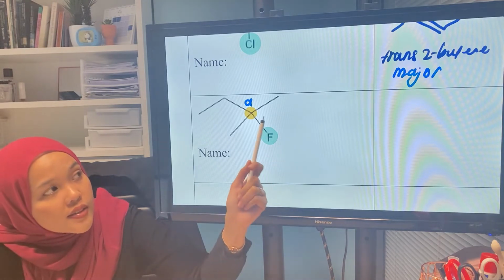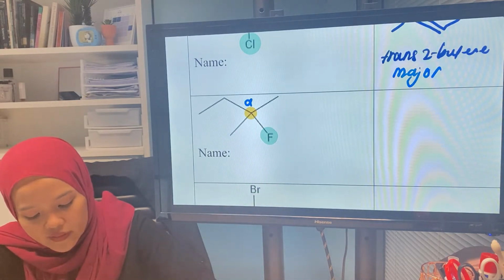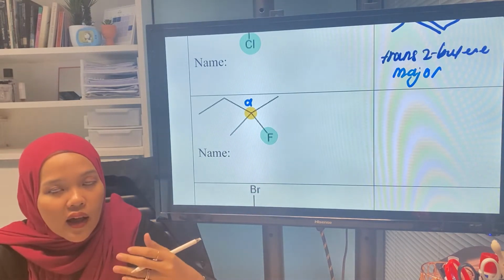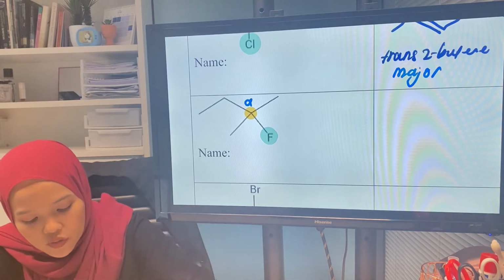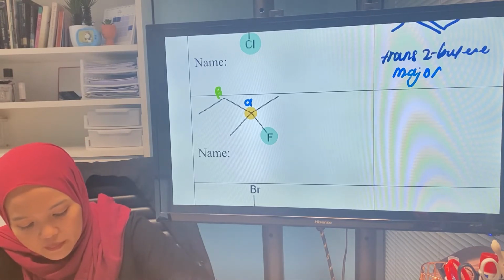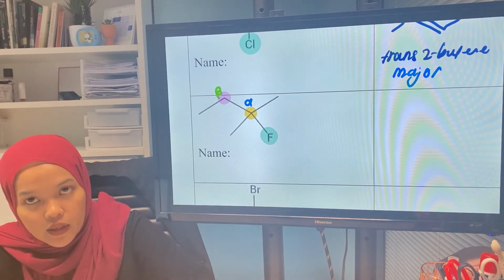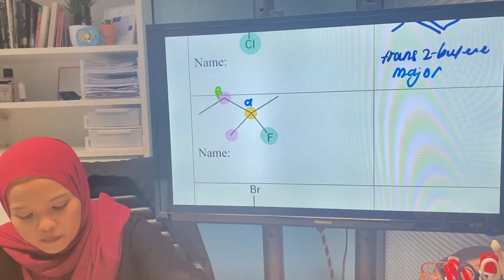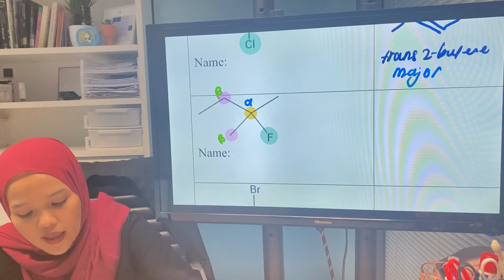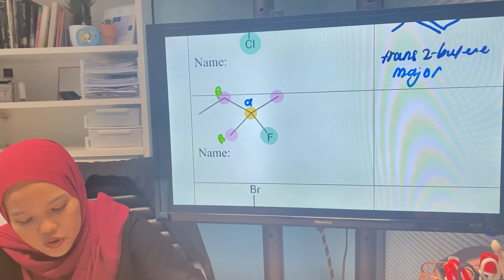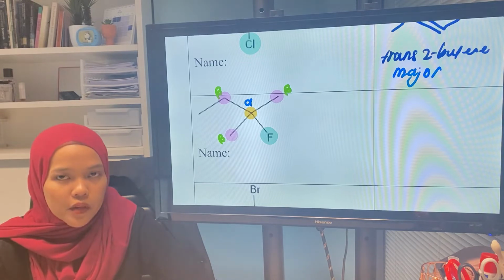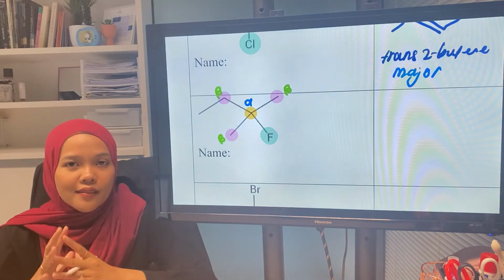Attached to the alpha carbon you have beta carbons. You are going to have a beta carbon here, which is attached to the alpha carbon. You can also have a beta carbon here, and another one which is also a beta carbon. Look at these beta carbons.